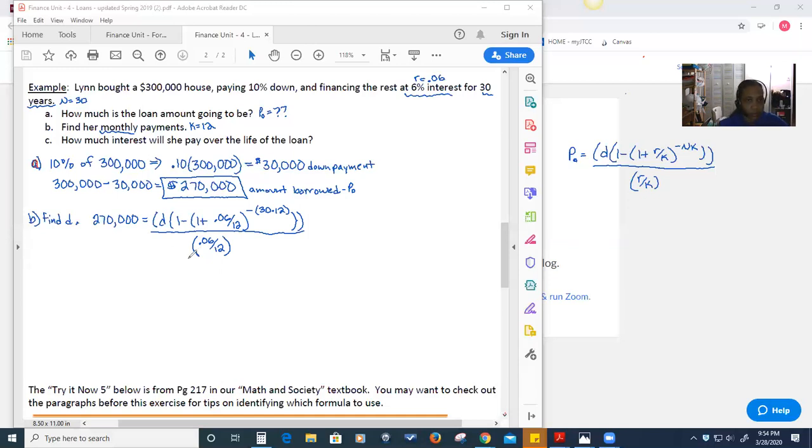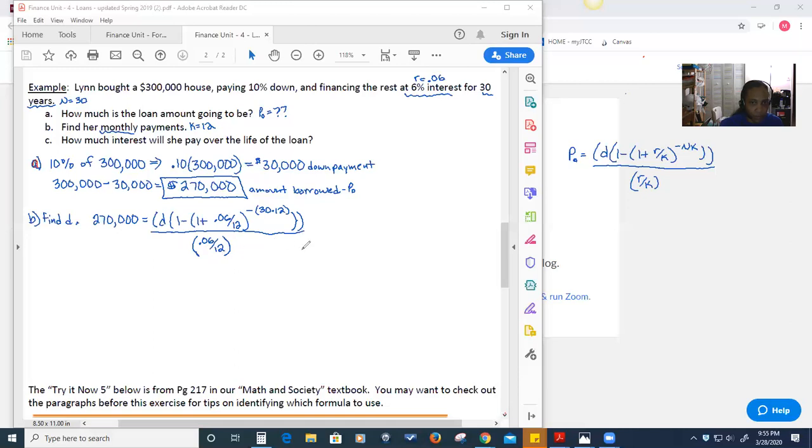All right, so here we go. We want to solve for D. So we're gonna work this backwards a little bit and unwind it to solve for D, all right? So we start by taking that denominator, multiplying both sides of the equation by that denominator.